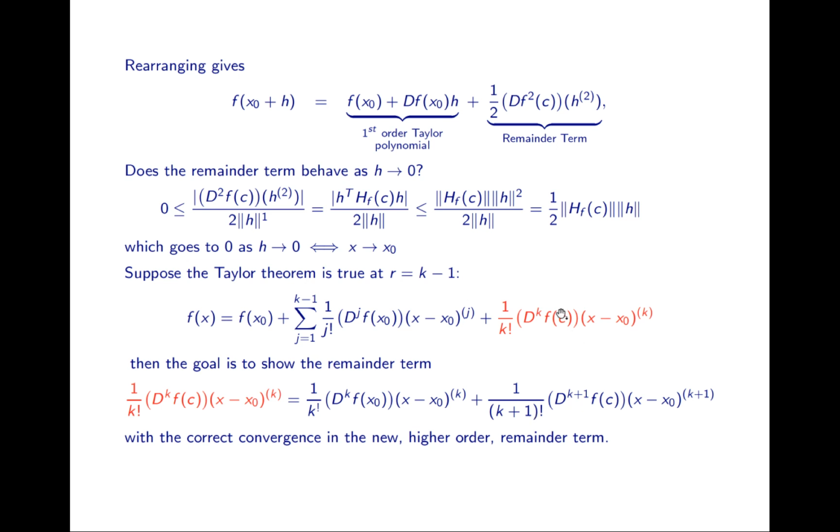If I can show that this old remainder equals the kth Taylor term plus a new higher order remainder, then I've shown Taylor's theorem is true at r equals k, which would complete my induction proof. Of course, I have to show that this new higher order remainder term behaves, in other words, converges at the correct rate.